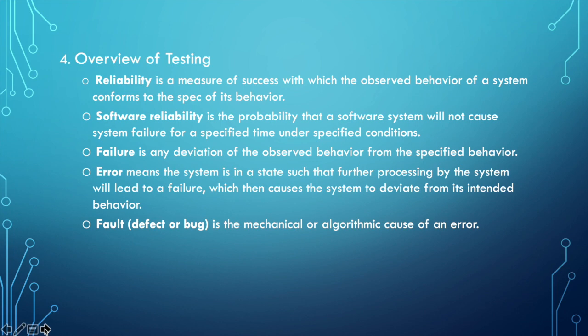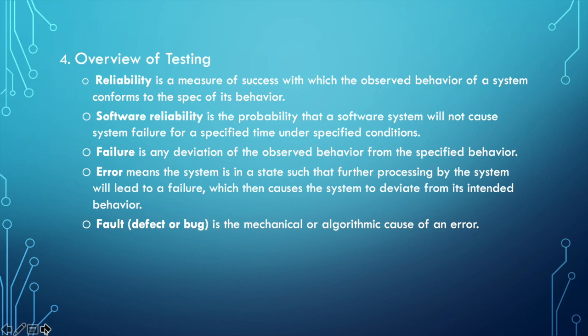Failure is a deviation of the observed behavior from the specified behavior. So the MCAS software failed because the observed behavior deviated from the specified behavior. It shouldn't keep the nose going down when it is not supposed to.